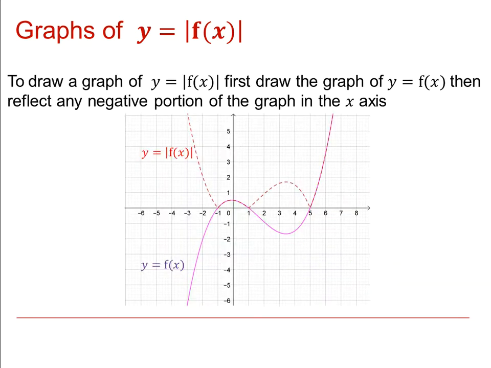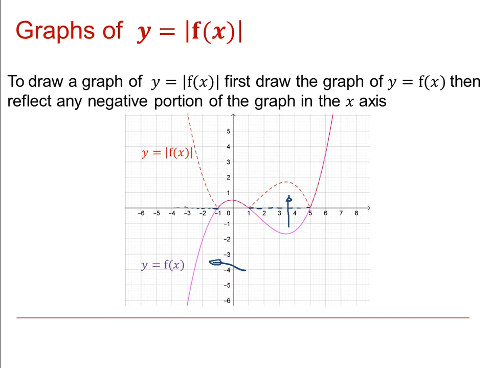Here's a more general function then, which has been drawn. The purple line here is just a function f of x. You don't actually need to know exactly what the function is to be able to draw the modulus function, because all we need to do is look at the negative portions and reflect them in the x-axis. So here we've got a reflection of that portion in the x-axis, and then a reflection of this portion below -1.